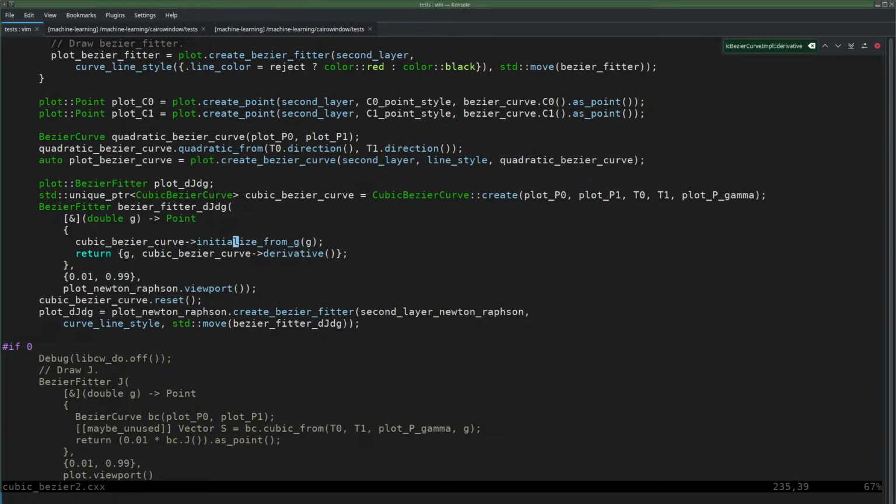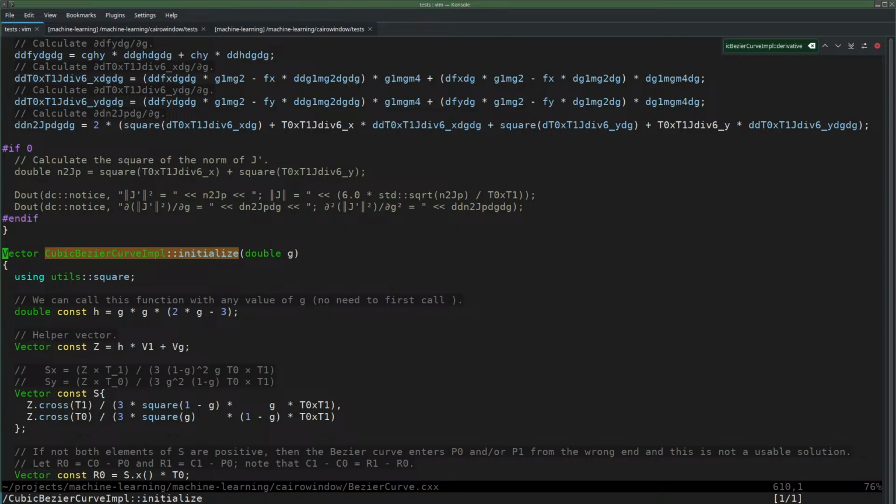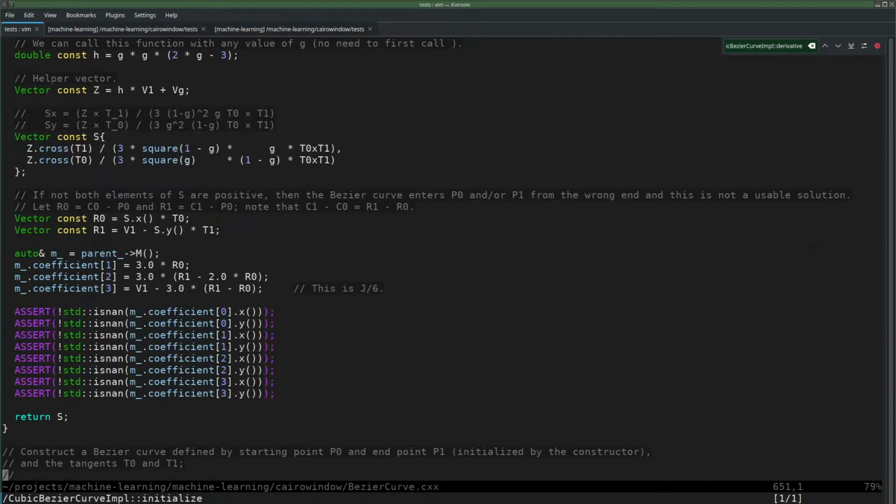Well, that should be happening here. Initialize from G, called on, that is a virtual function. So we should end up here, which then calls initialize on the implementation. Oh, okay, never mind. That's not what you want.